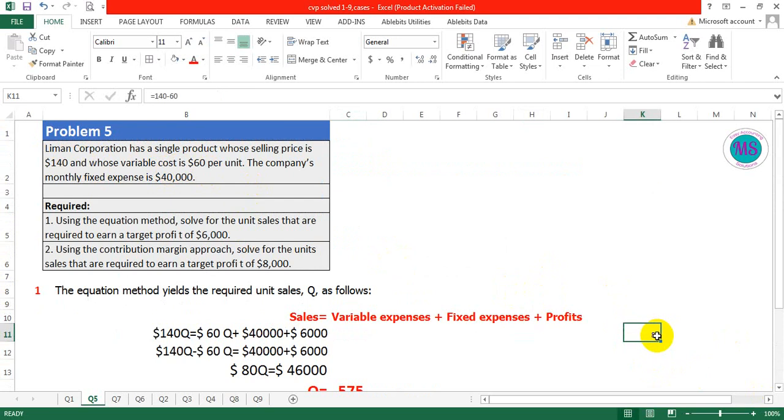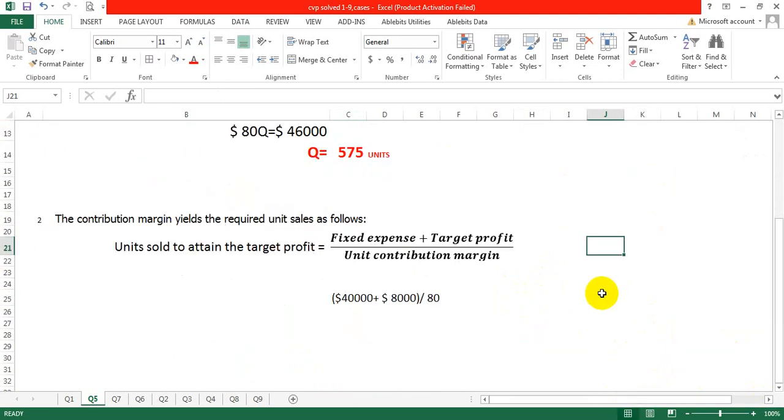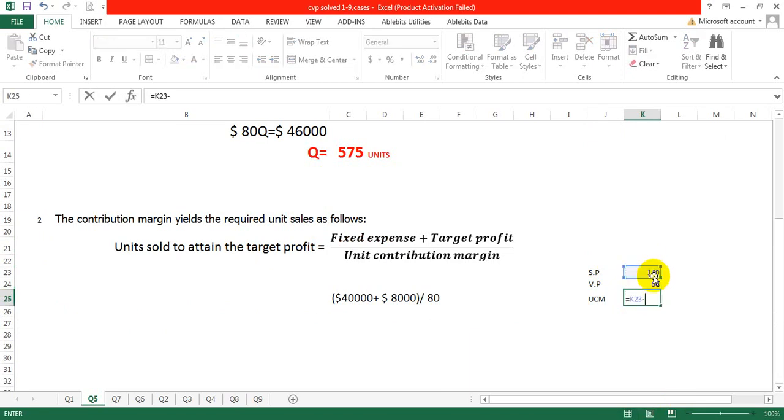Again, you can set it up as we did in previous work: selling price 140, variable price 60, and my unit CM is 80 per unit.